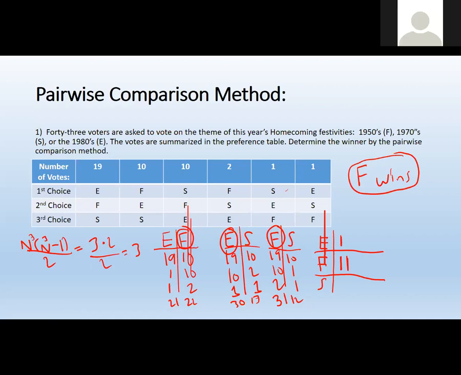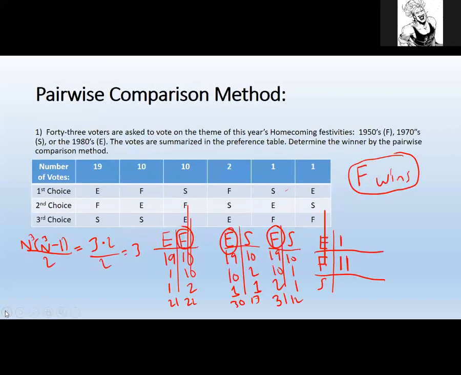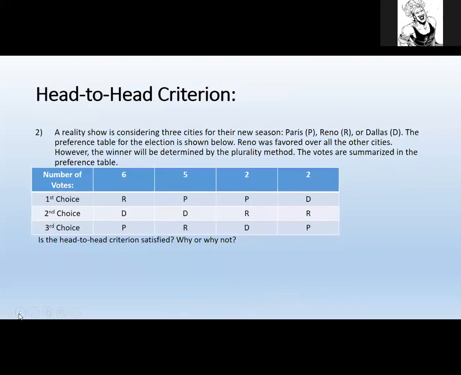Okay, got it. We're going to go over one of each kind of method for voting in this review. Any other questions? Are we going to be going over the criteria too?